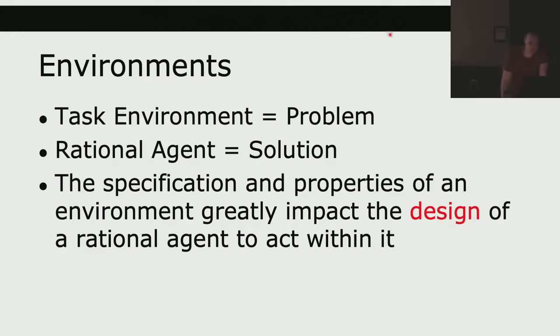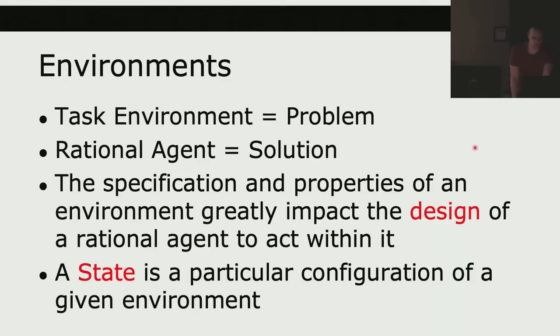So the specification of the properties of an environment greatly impacts the design of a rational agent that's going to act within it. The design meaning, what algorithm am I going to choose? What actions am I going to be able to do? What discretization of the state space might I do? And just remember that a state is a particular configuration of a given environment.